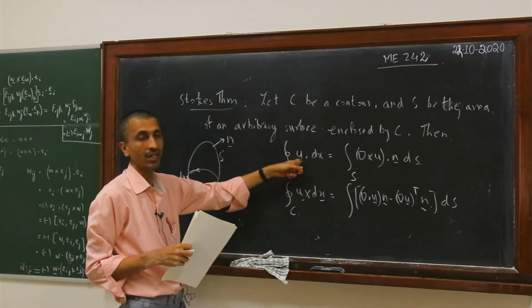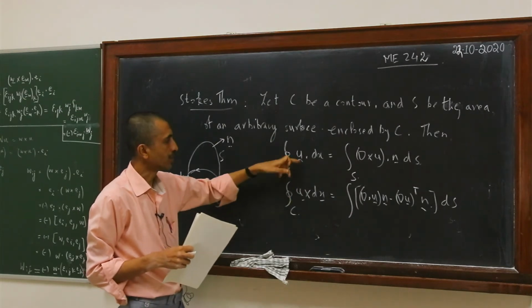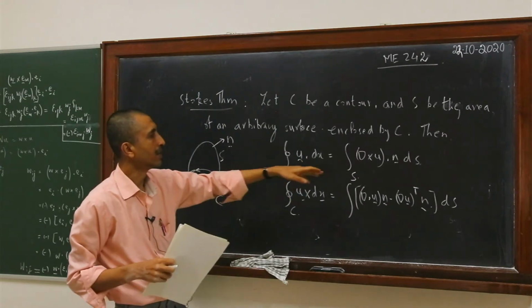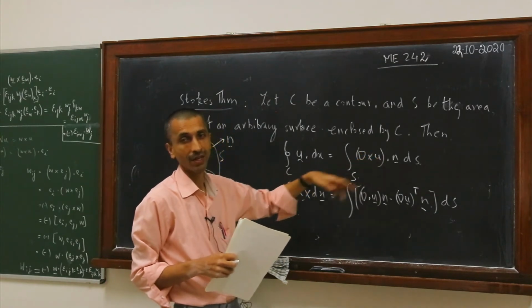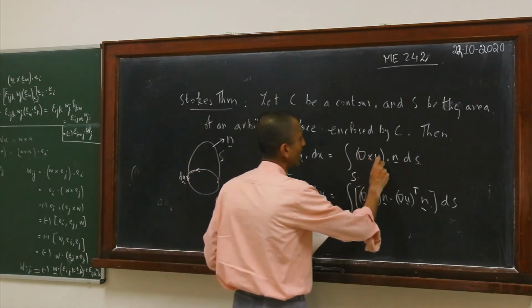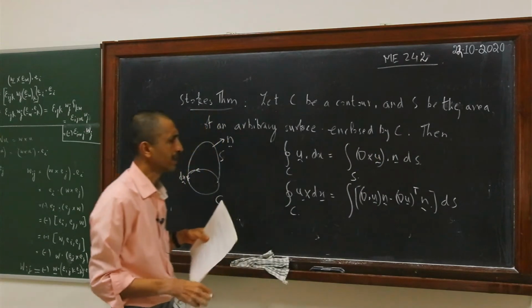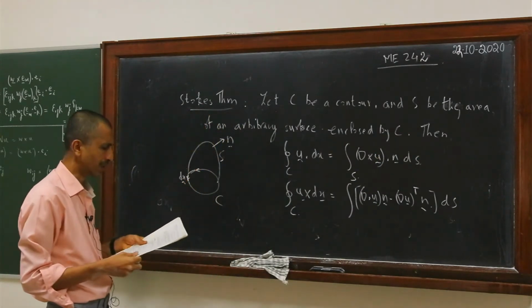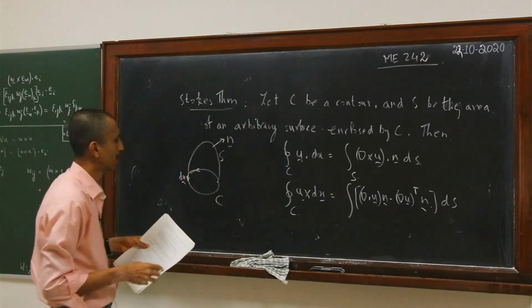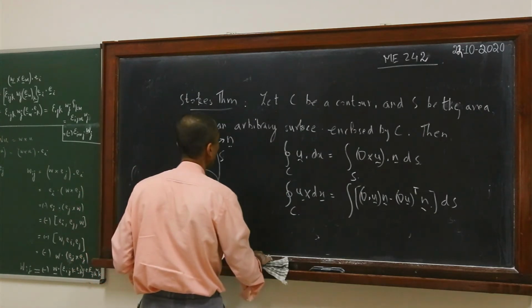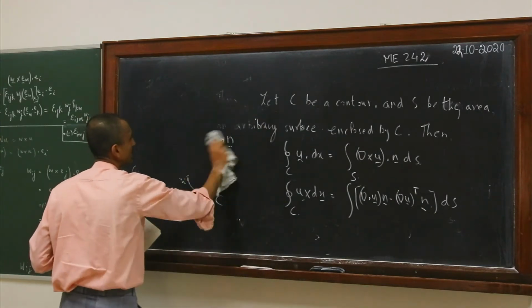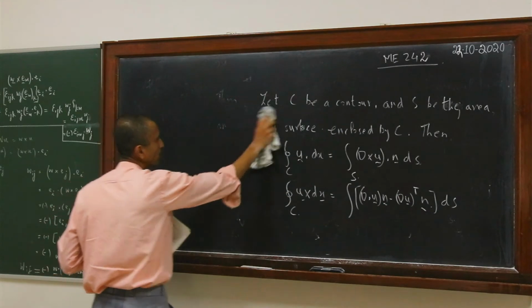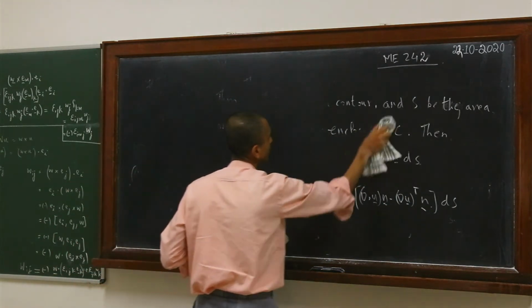U will be the velocity vector in that case, and so the circulation will be defined, and then del cross u will be the vorticity vector. So here, at least in solid mechanics, we will not use these relations. The Gauss divergence theorem will be more useful for our applications.